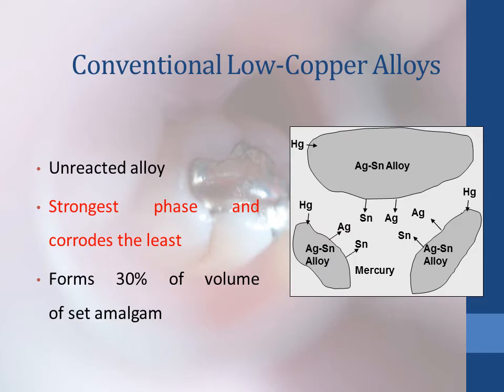It wets all the particles. The central core is the unreacted alloy, the strongest phase, which corrodes the least. This is the gamma phase, which is Ag3Sn, and forms 30% of the volume of set amalgam. It is also the unreacted alloy.